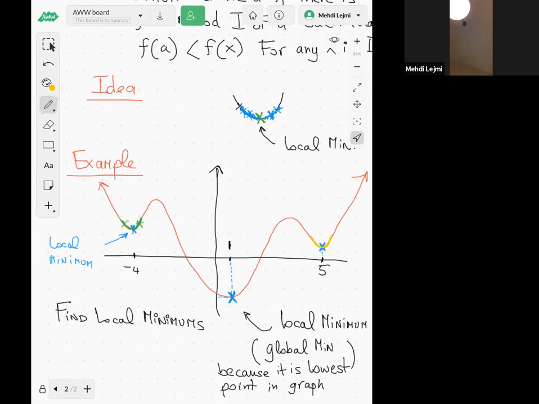So this is a local minimum. The answer: find local minimums. We have local minimums at x equal to -4, at x equal to +1, and at x equal to +5.